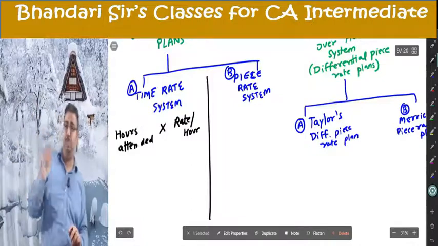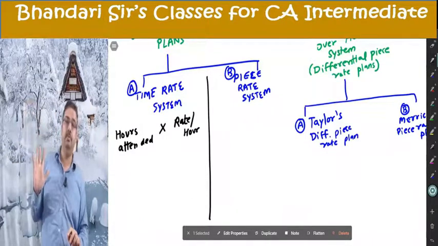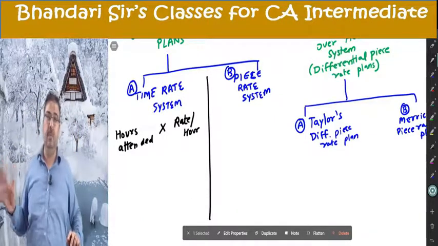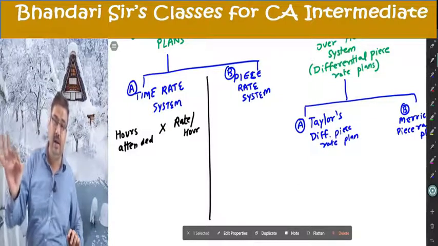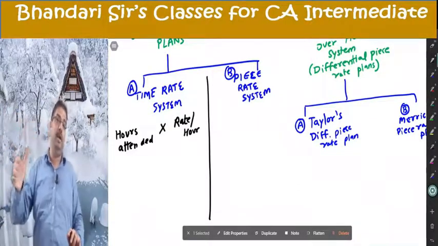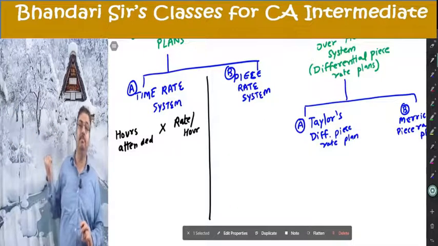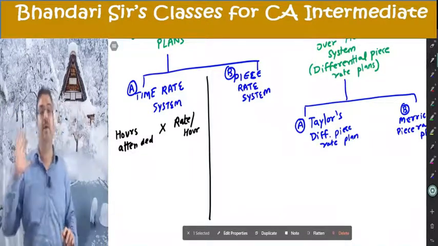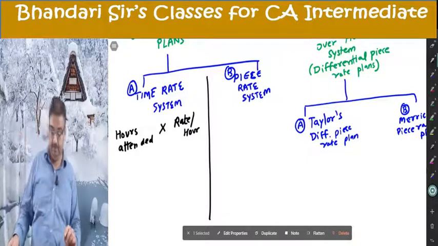How many hours do you spend in the organization? There is timekeeping system. When you enter the factory, there is attendance time noted. When you go out, time noted. How many hours you spent in the organization, multiplied by rate per hour. That will be time rate system.